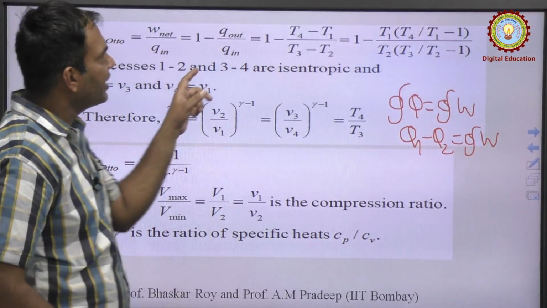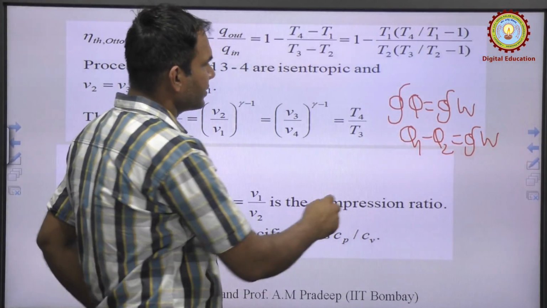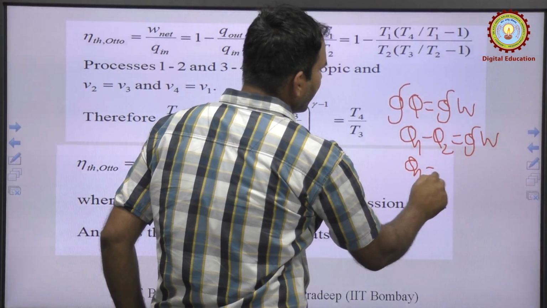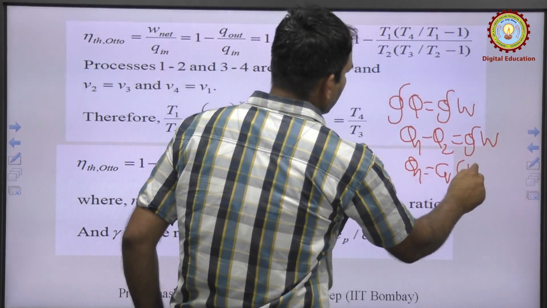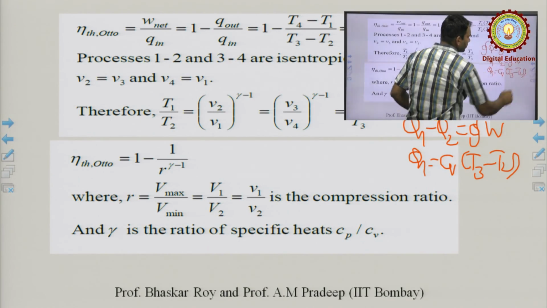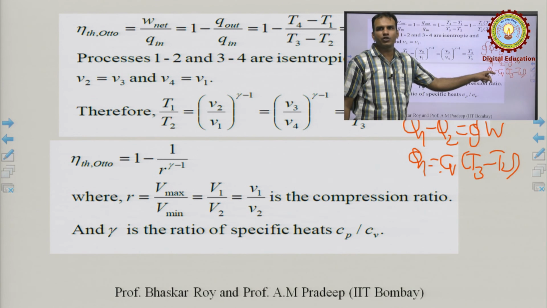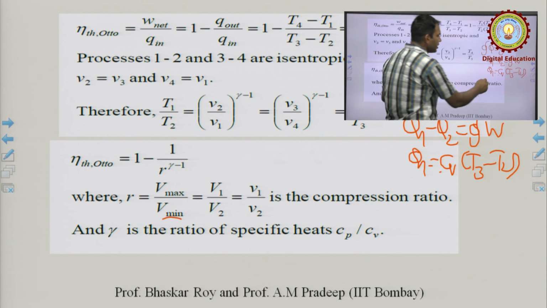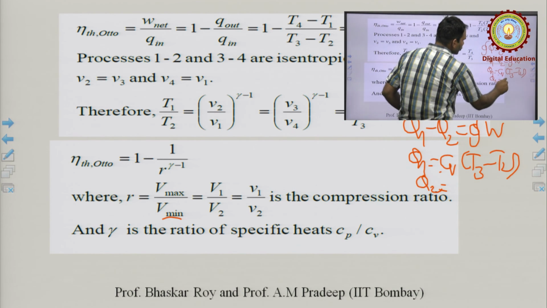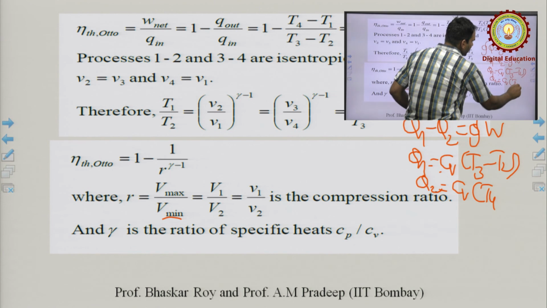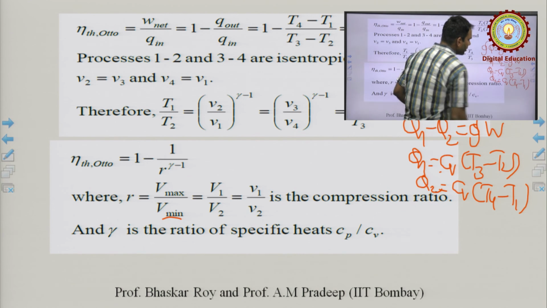So, Q1 can be written as CV (T3 minus T2), since it is a constant volume process. Similarly, Q2 is equal to CV (T4 minus T1).